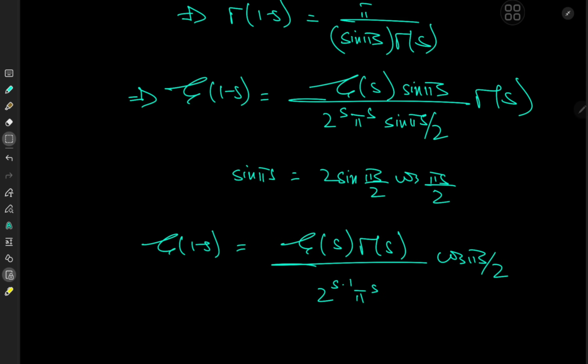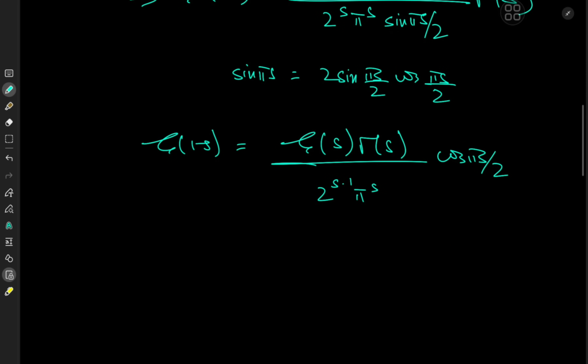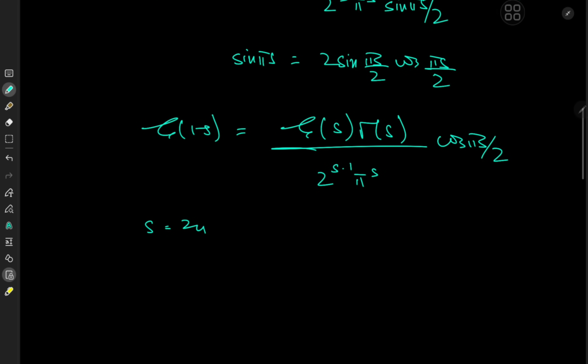Okay, cool. That was absolutely awesome. What I'd like to do now is refer back to my infinite series and notice that we're interested in zeta(1 minus 2n), which implies that we should let s equal 2n, n being any positive integer.